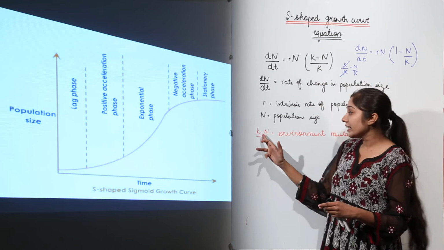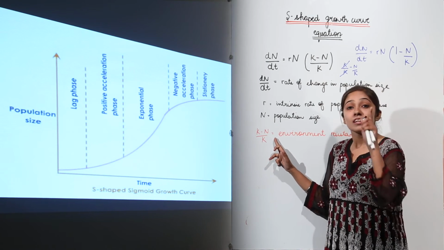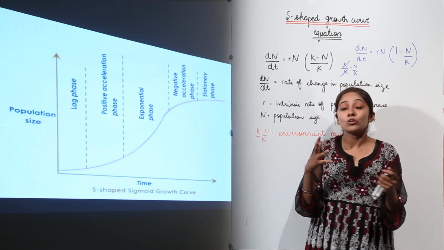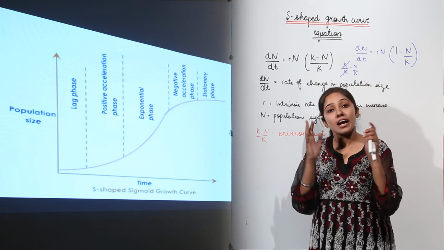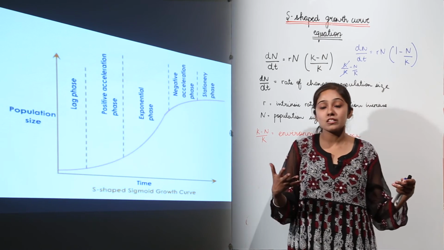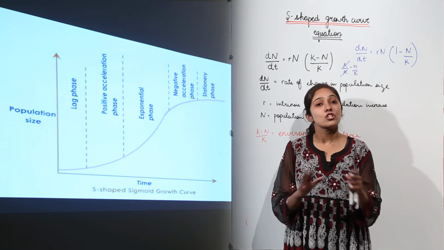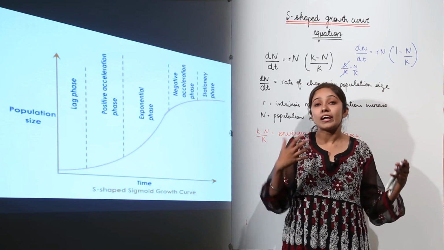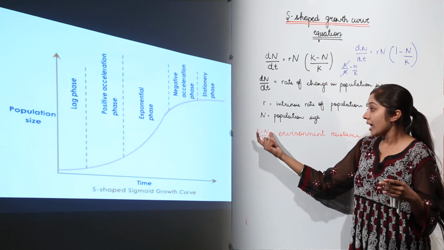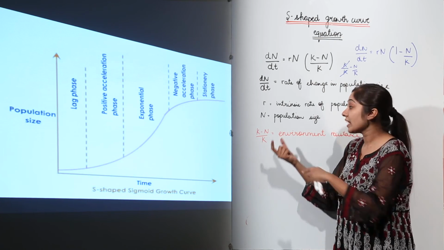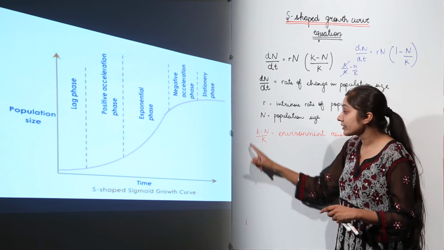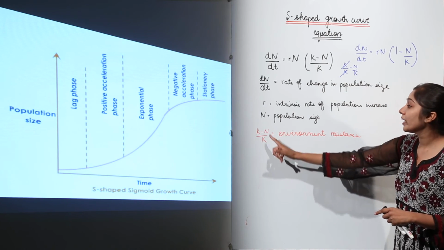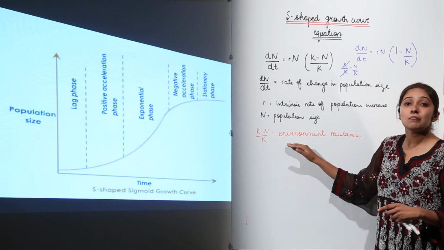If we calculate theoretically, ideal conditions mean there is a lot of food available, no predation, no competition. So under ideal conditions you can find the theoretical growth rate and subtract the actual growth rate from it. By subtracting this, we can find the environmental resistance. So this is how we are going to calculate the environmental resistance.